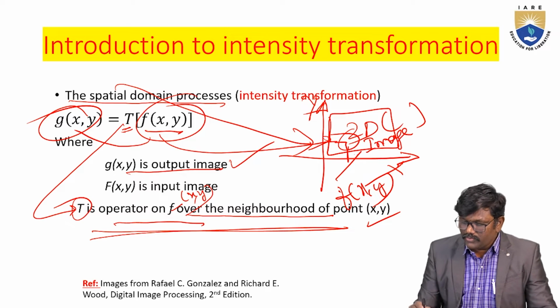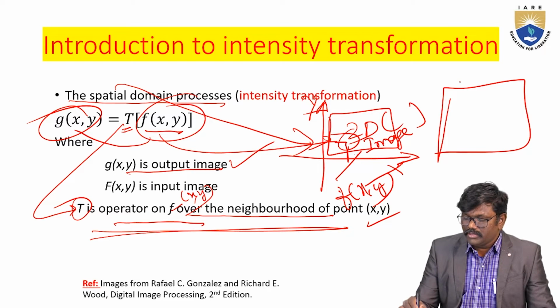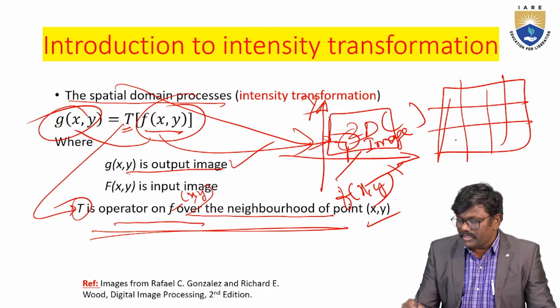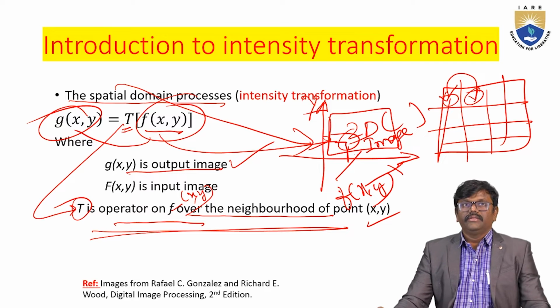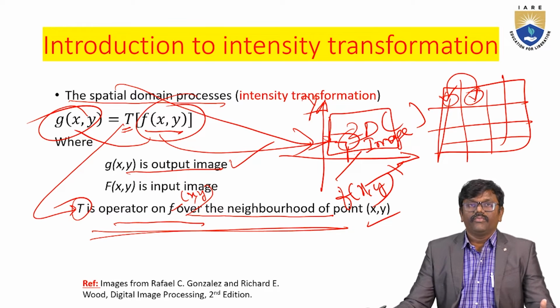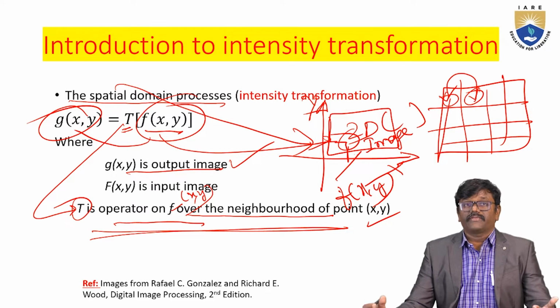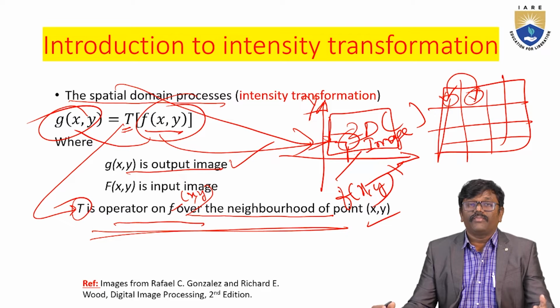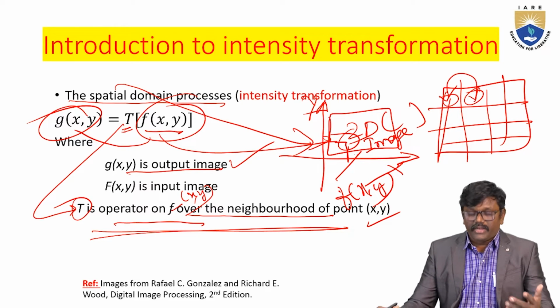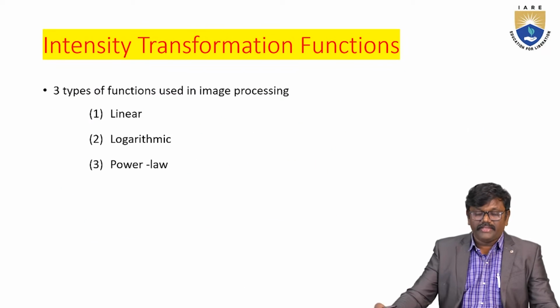So if you take your image, here is one pixel, here is another pixel, and one more pixel will be compared. What is the use of comparison? What is your expected output of the image? How can you understand that the output of the image is g of x comma y, transformed from f of x comma y? Yes, we will understand with the coming slide.